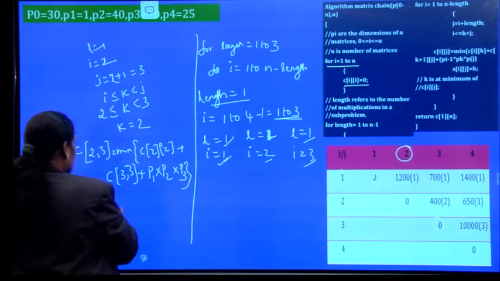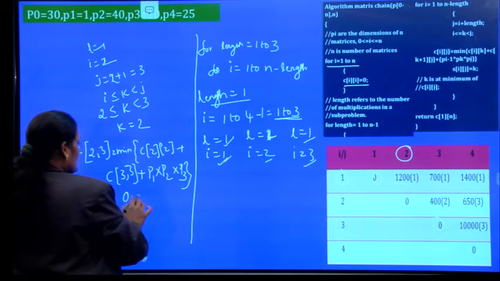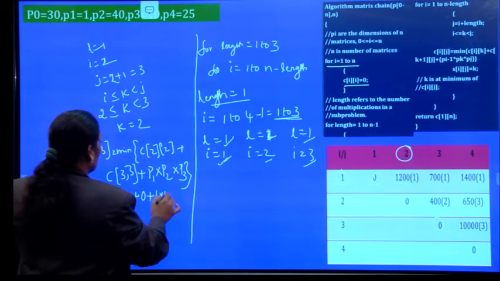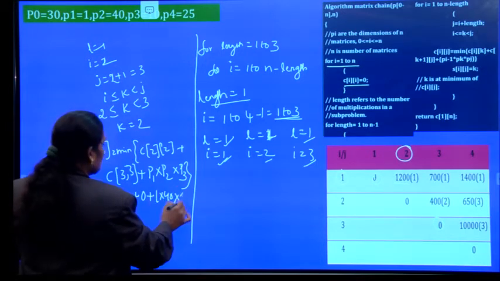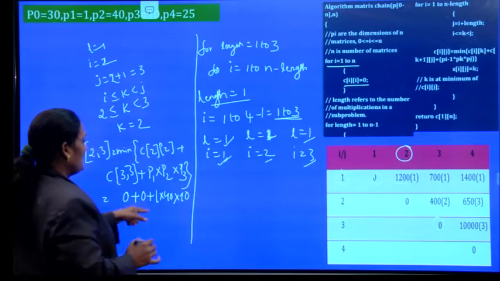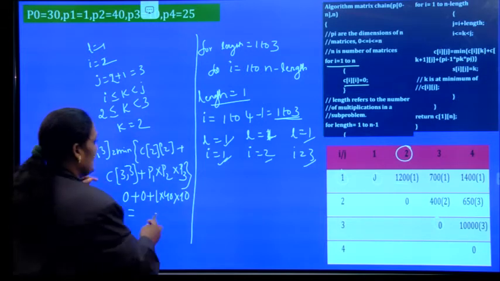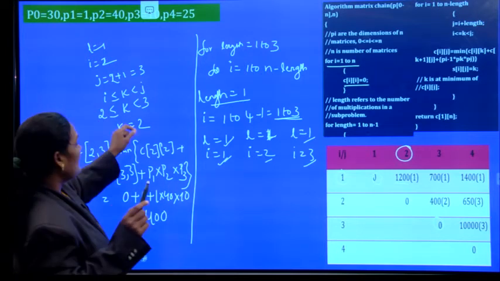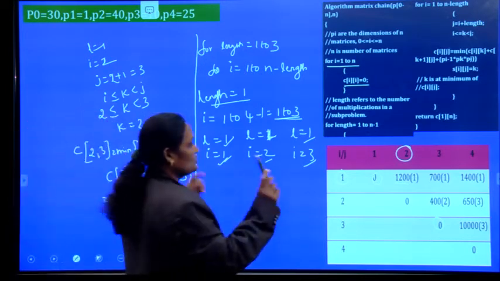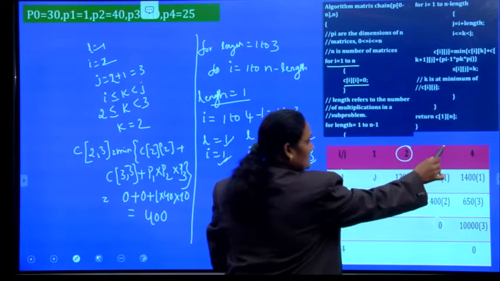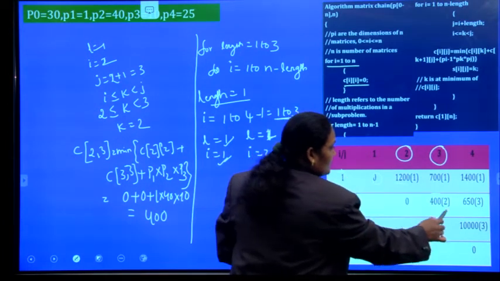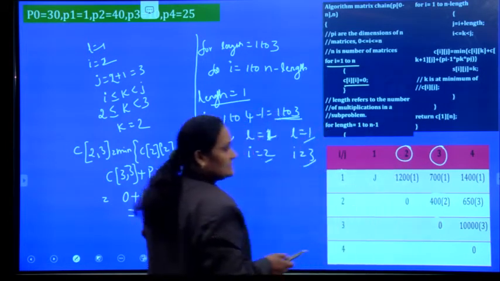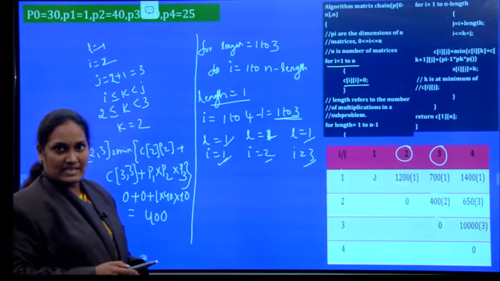Now C22 is 0, C33 is 0, and P1 is 1, P2 is 40 and P3 is 10. By multiplying all these values we get 400, and the k value is 2. Here you can observe C23 is 400 and its corresponding k value is 2.